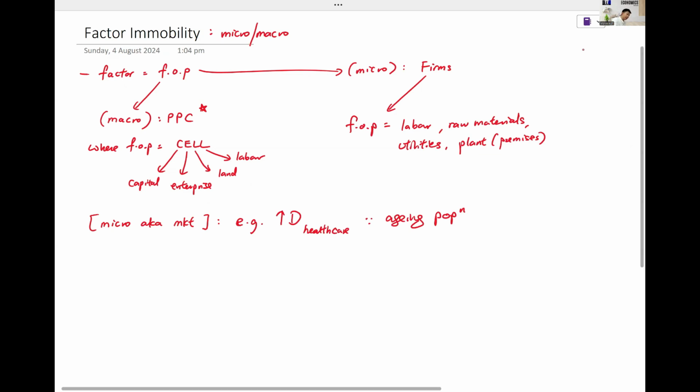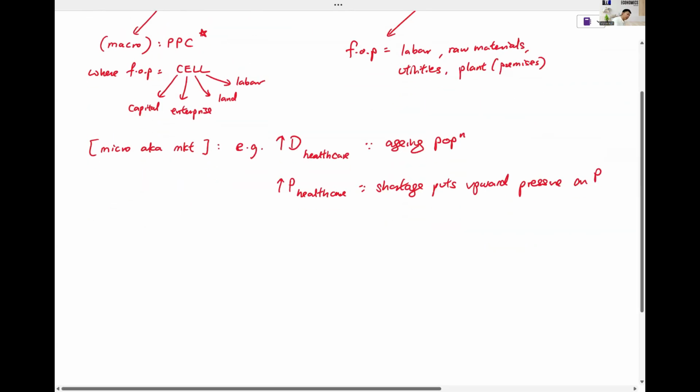Your price signal is working, there will be higher price of healthcare because the shortage puts upward pressure on price. Agree? You don't need the diagram, but you can imagine shortage, upward pressure on price. Because of skill immobility.